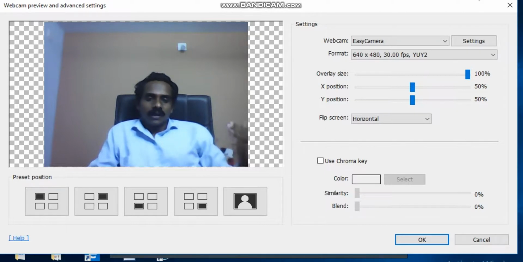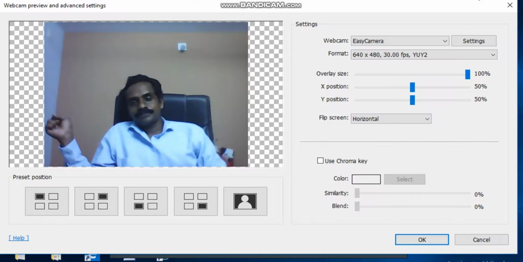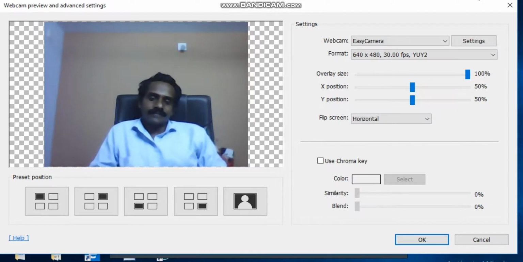A RISC computer's instruction set contains fewer instructions compared to a CISC computer. That is the first difference from CISC. Another thing is that the number of instructions in the RISC instruction set is not only less, the size of the instructions is also very small. The size of a CISC instruction is large and the size of a RISC instruction is small.